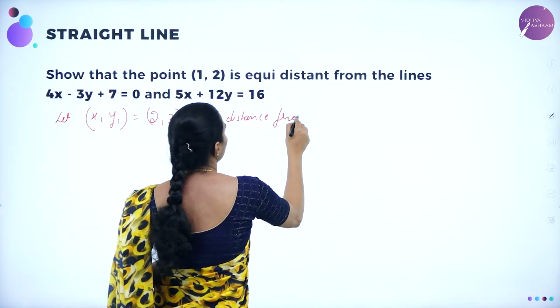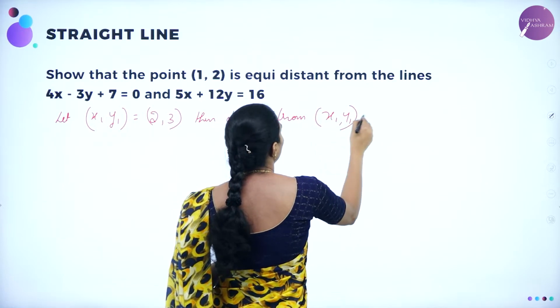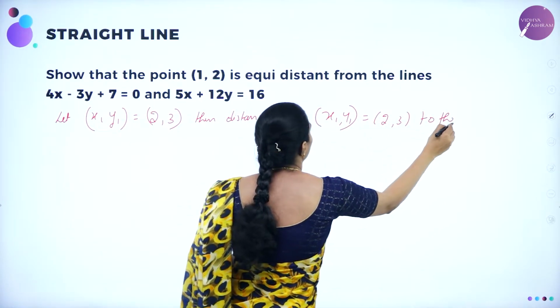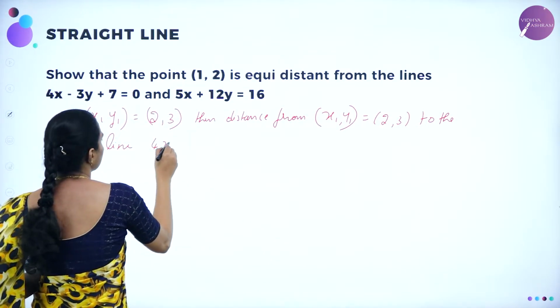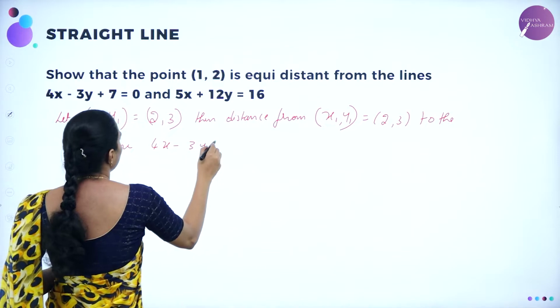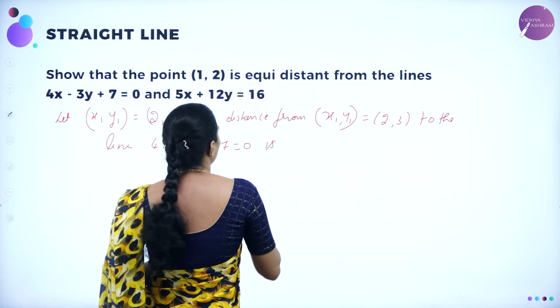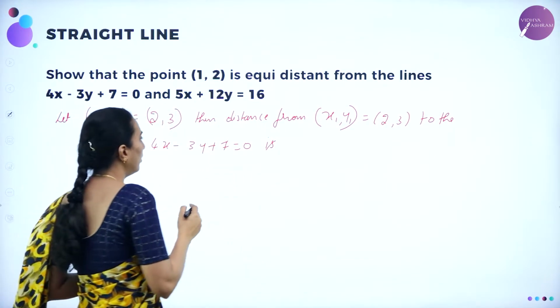Then distance from x1, y1 equal to 2, 3 to the line 4x minus 3y plus 7 equal to 0, let me find out the first one, then let me find out the next one, okay?